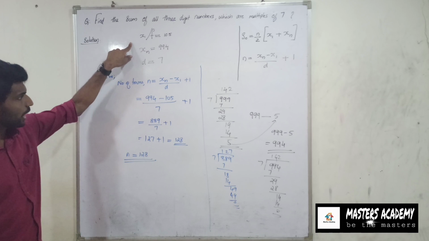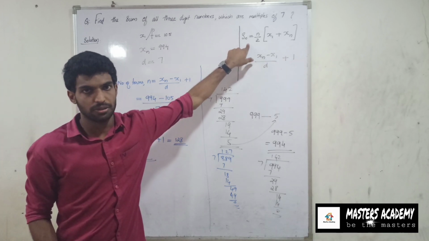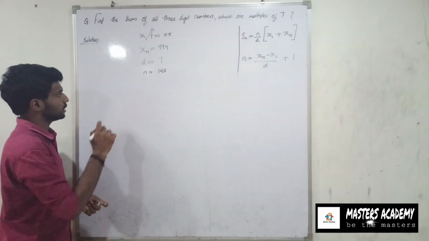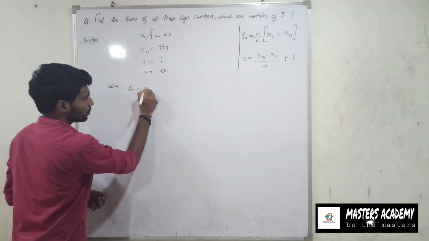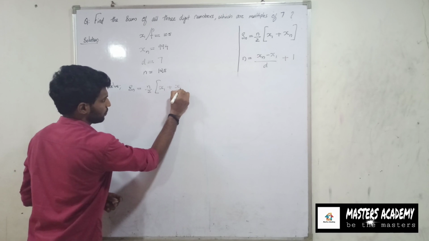Since we have all these items, we can easily find the sum of first n terms. Listen carefully. We have Sn equal to n by 2 into x1 plus xn.